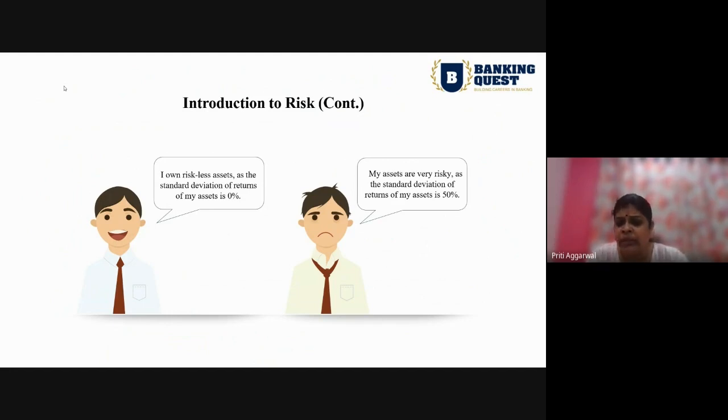Another person may say that because the standard deviation is at a higher level, at 50%, my assets are very, very risky. So here definitely I am a happy person, and here I am very sad, right?